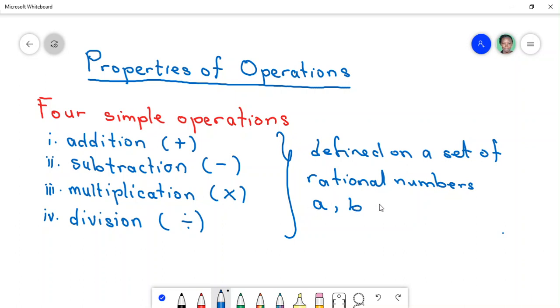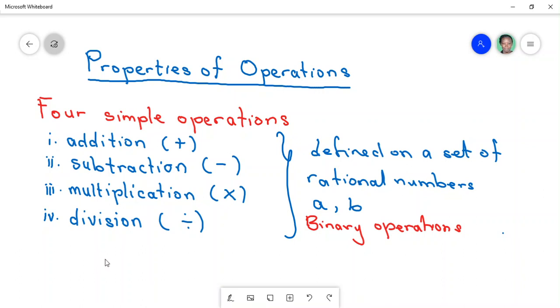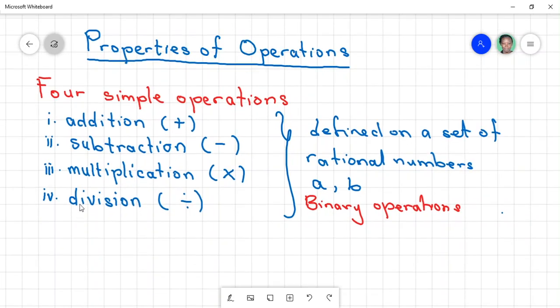A minus B will also give you another number. So we call them binary operations, because they combine two numbers to give another number.